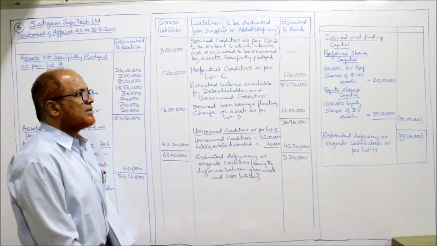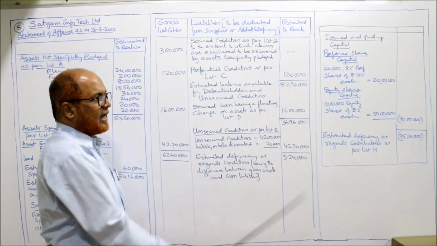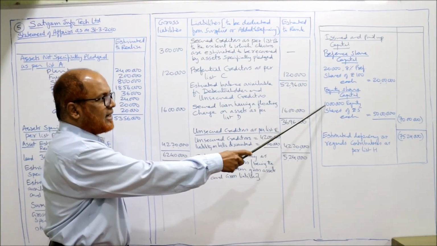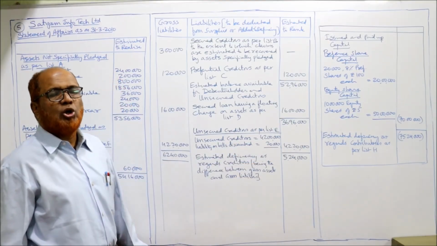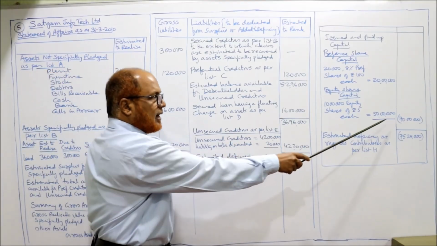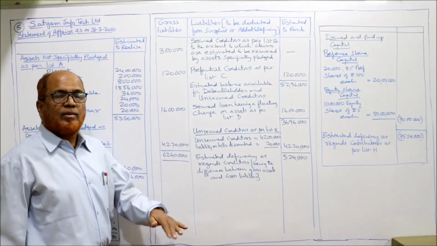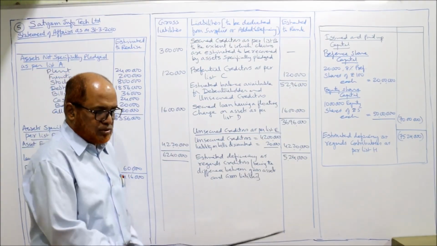Now we have to show the share capital, issued and paid up share capital. Preference share capital: 20,000 8% preference shares of 100 each, 20 lakh, as given in the balance sheet. Equity share capital: 10 lakh equity shares of 5 each, 50 lakh. So the total amount due to shareholders is 70 lakh. How much is the deficiency as regards creditors? 5,24,000.